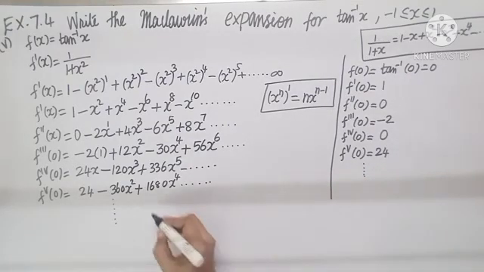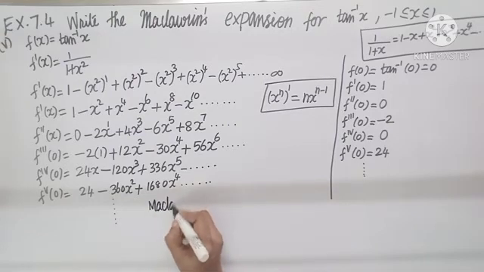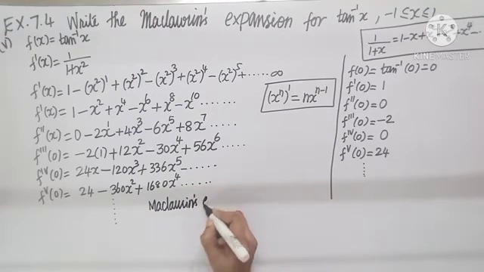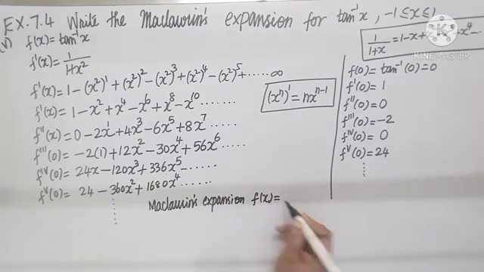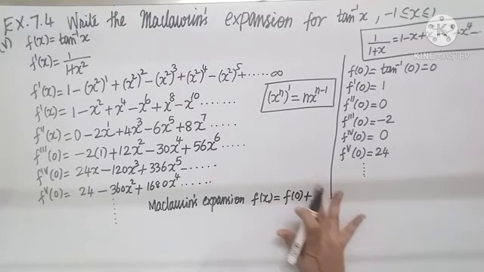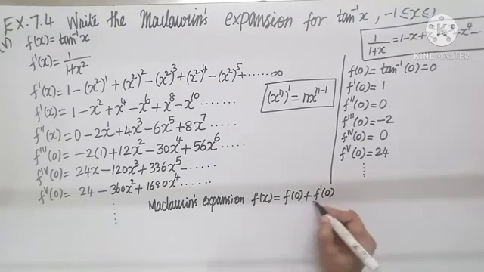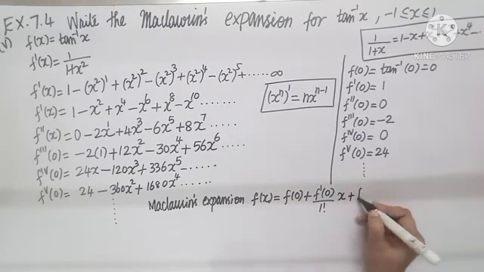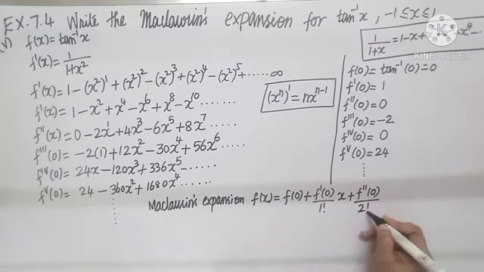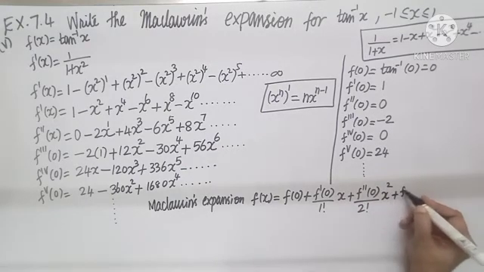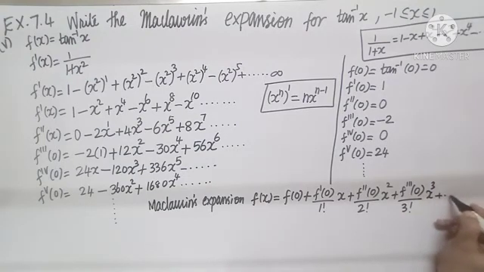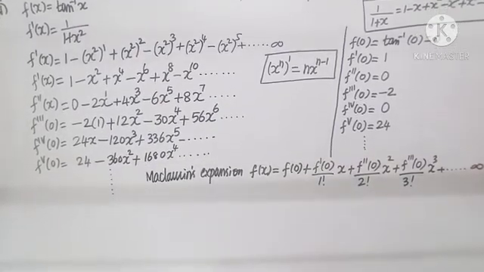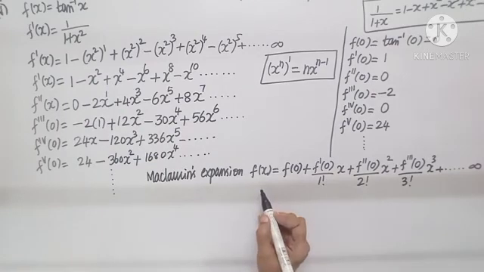Now we will write the Maclaurin's expansion. So Maclaurin's expansion, as we know, it is f of x equals f of 0 plus f dash of 0 by 1 factorial into x plus f double dash of 0 by 2 factorial into x square plus f triple dash of 0 by 3 factorial into x cube and so on up to infinity. We shall substitute the values. What is f of x?